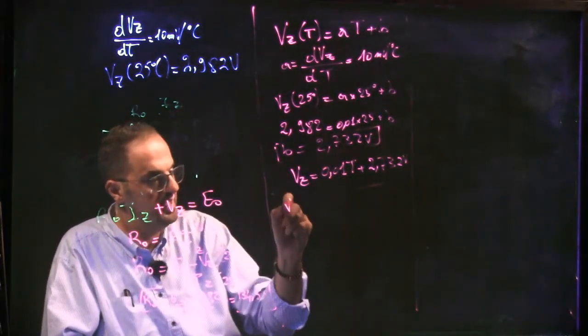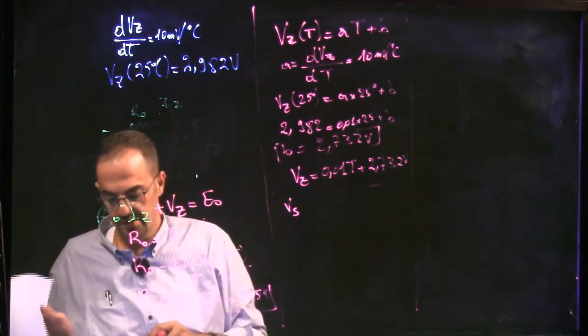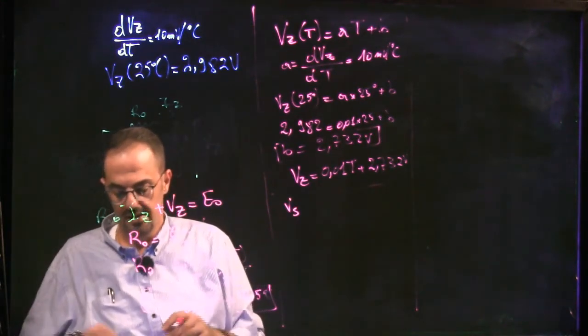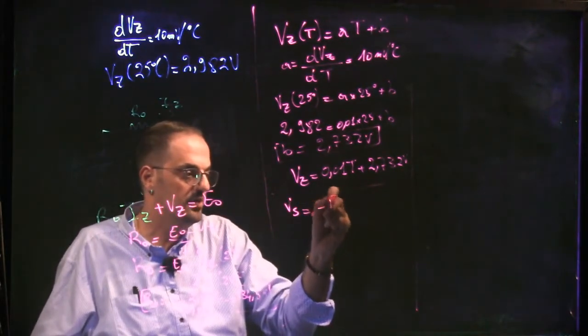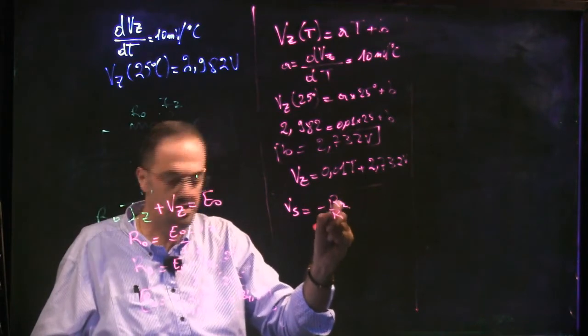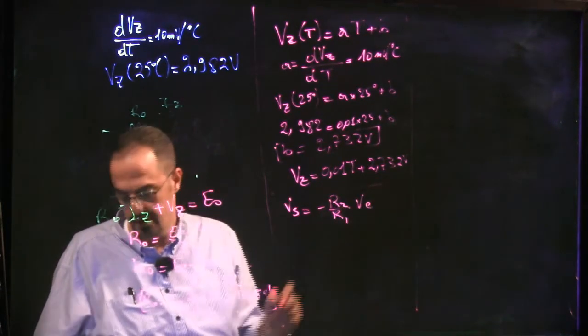Now, if we continue with a different question, they propose a different circuit in figure 1.2, where they ask you to write Vs as a function of the different parameters of the circuit and its input Ve. So Vs at the output, this is a typical inverting amplifier, where Vs would be equal to minus R2 over R1 into Ve.